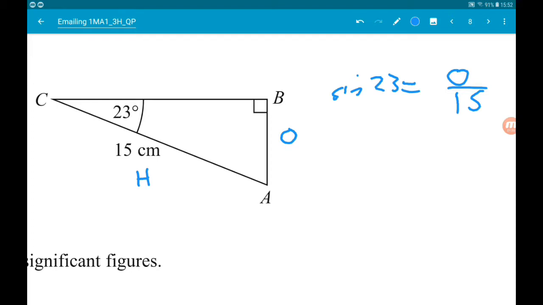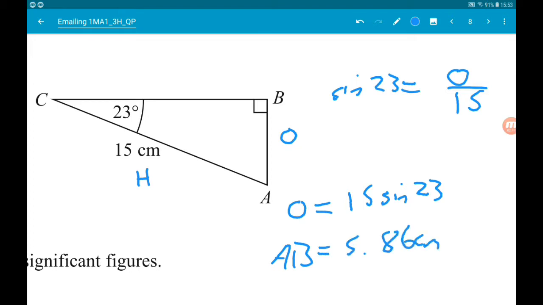Now to move the 15 we multiply through by it, so we get the opposite is 15 sine 23. So plug that in your calculator and we should get at 3 sig figs 5.86 centimeters. Cool.